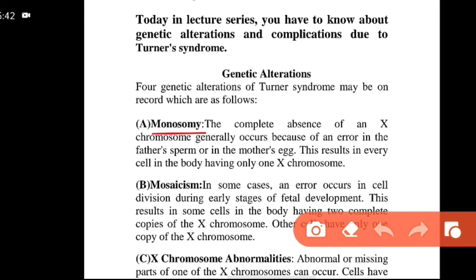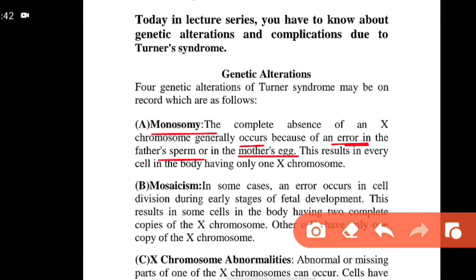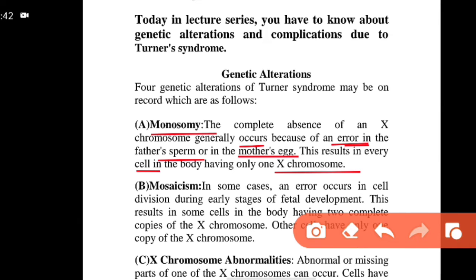First is monosomy. The complete absence of an X chromosome generally occurs because of an error in the father's sperm or in the mother's egg. So both are responsible for this type of monosomy, and this results in every cell of the body having only one X chromosome. Next is mosaicism.